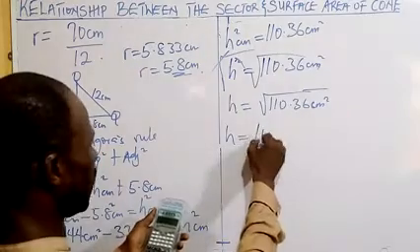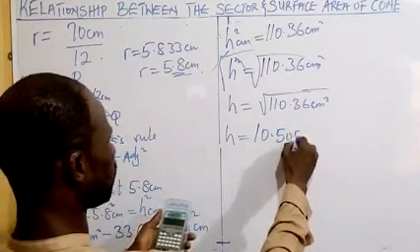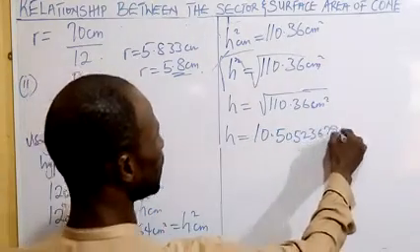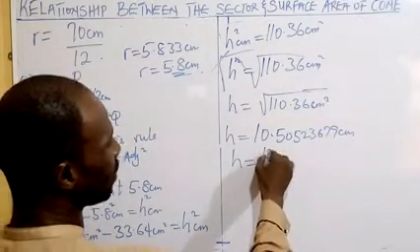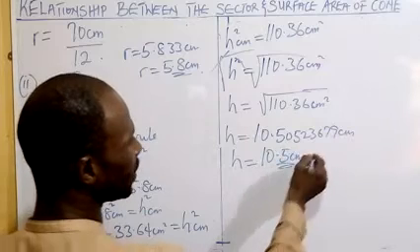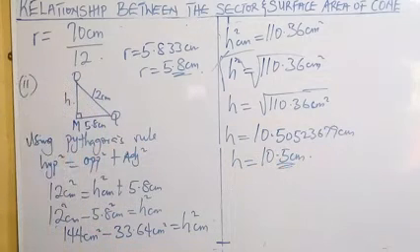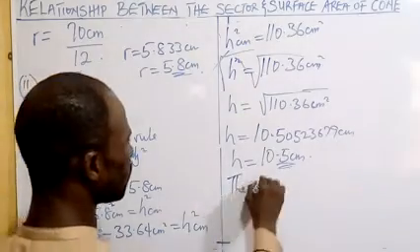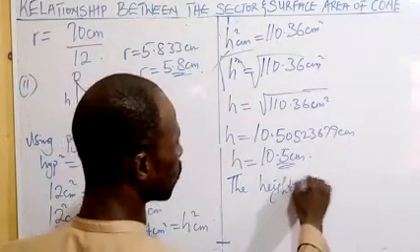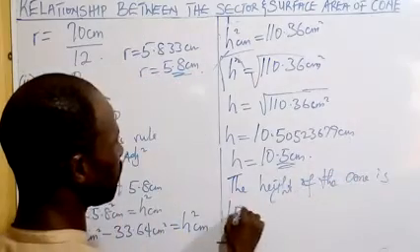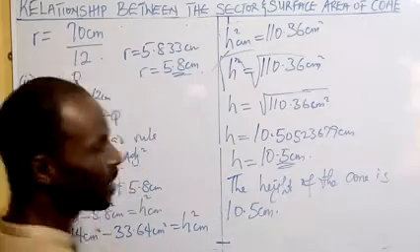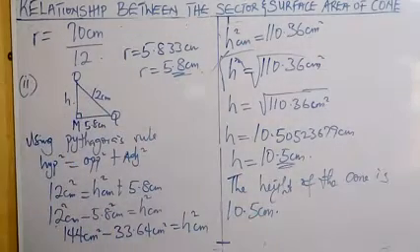Our h is 10.5052 centimeter. So you can leave our answer as, let's say, 10.5 centimeter. That is the value of the height of the cone. So the height of the cone is 10.5 centimeter.